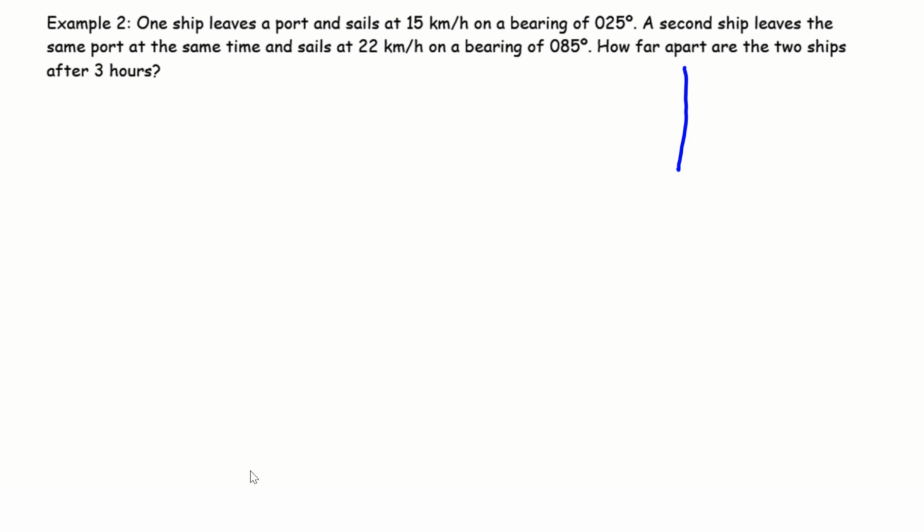So it will be starting from the north. This is the north direction. Then we assume that this is a port, so the two ships start from the same port. One bearing is 25 degrees, so one travels in this direction.